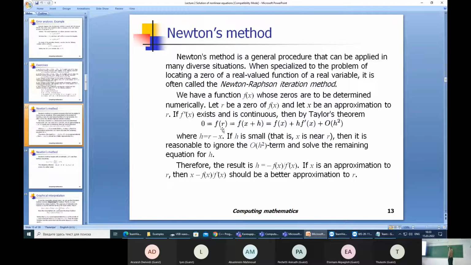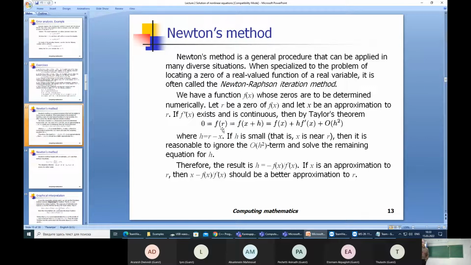H equals 10 power minus 2, right, and h squared in this case. What would be the value of h squared? Minus 4.